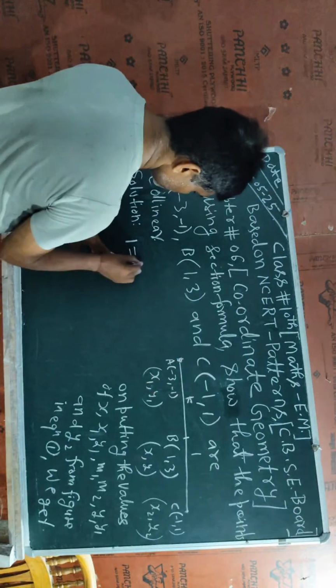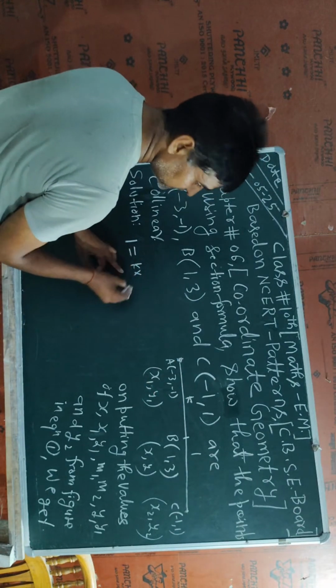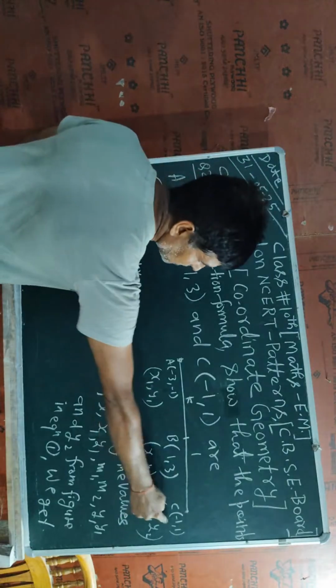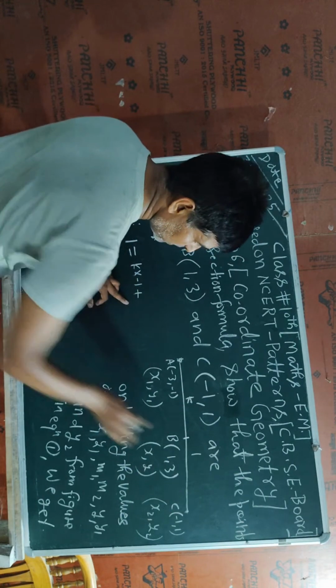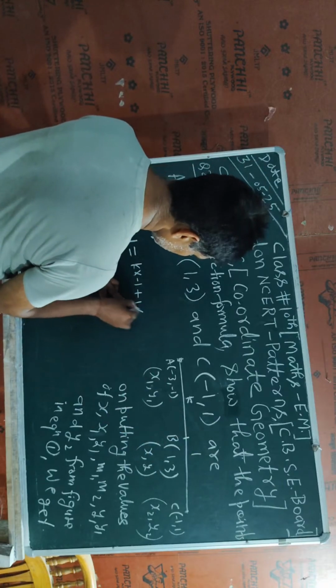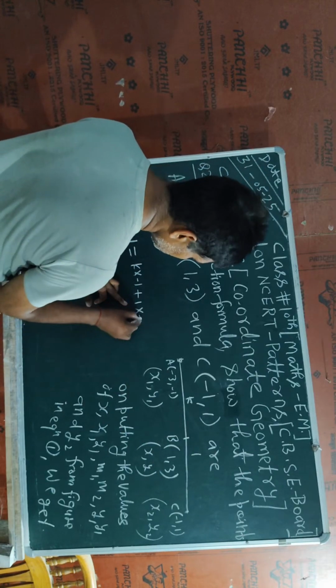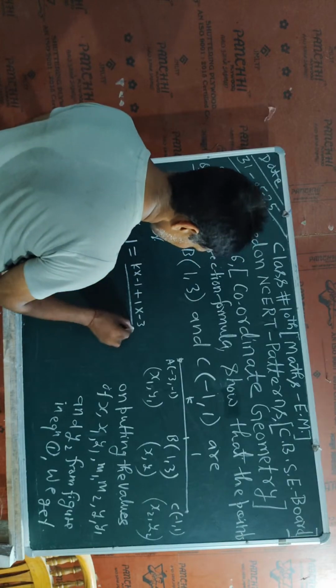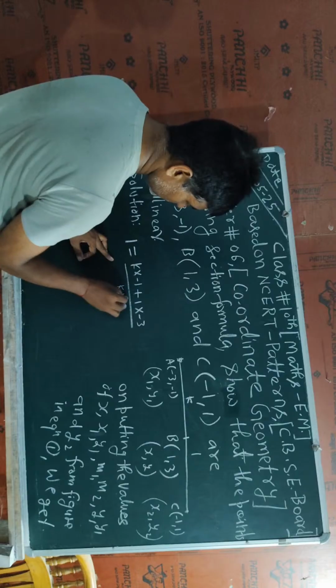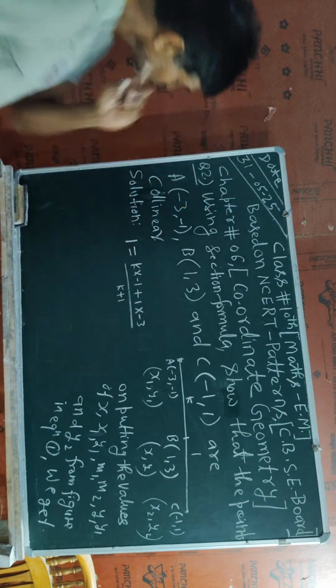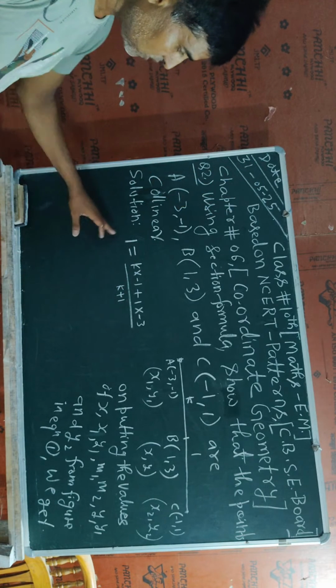The value of m1 is k into y2. The value of y2 is minus 1, so here I will write minus 1, plus the value of m2, that is 1, and the value of x1, that is minus 3, divided by m1 plus m2. m1 is k and m2 is 1.